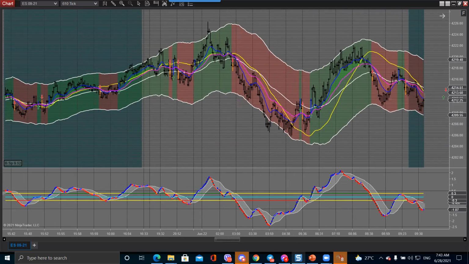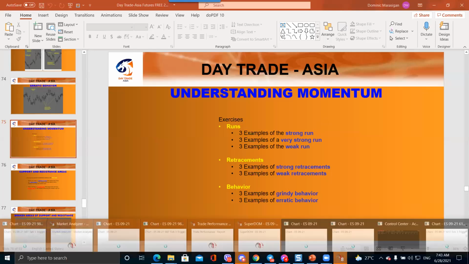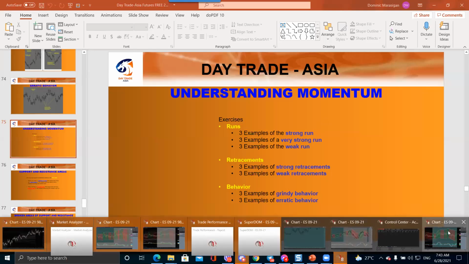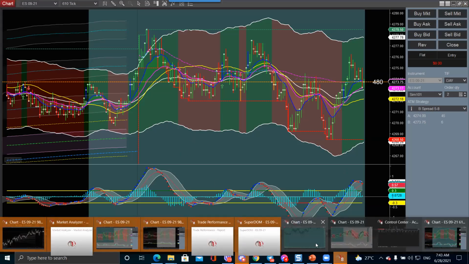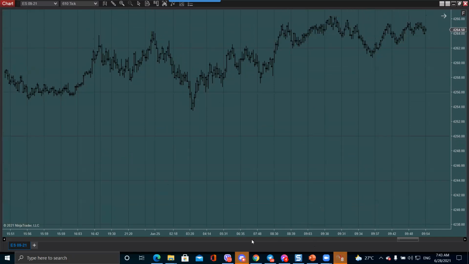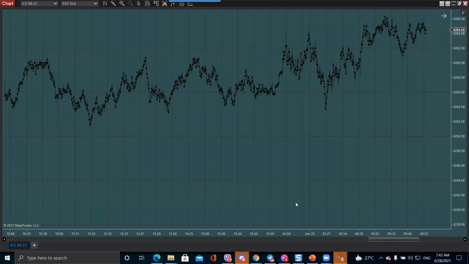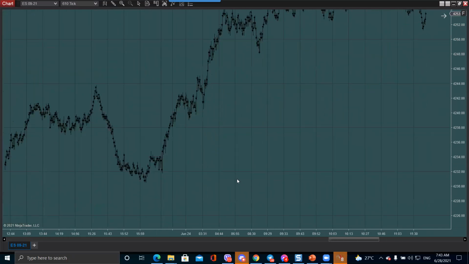In terms of a weak run, our next assignment was basically that's just a strong run. A very strong run would be where, again, it's hard to find it now because the market has not been cooperating. It's really slow, but it has direction.